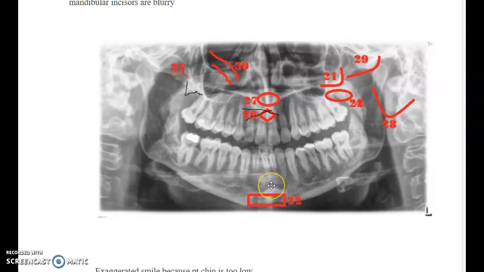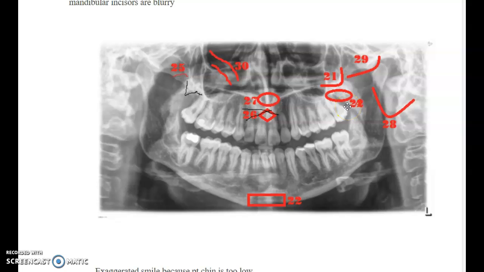So 23 is the genial tubercles, which are a ring-shaped radiopaque structure that surrounds the lingual foramen. I can't see the lingual foramen, so they are just small bony projections here as well. Number 23. 24 is the hamulus. Where did my hamulus go? Oh, there it is.